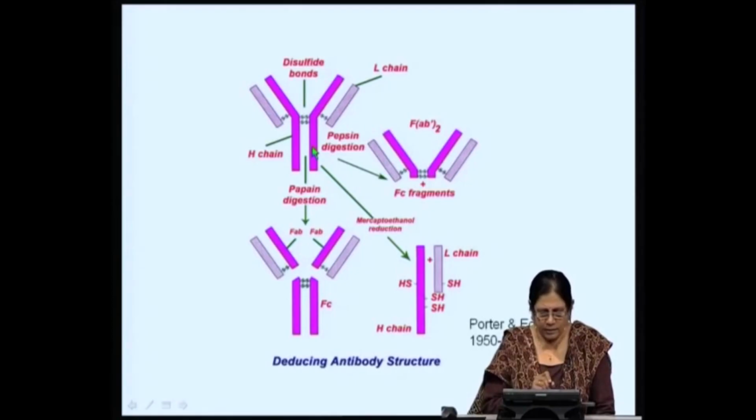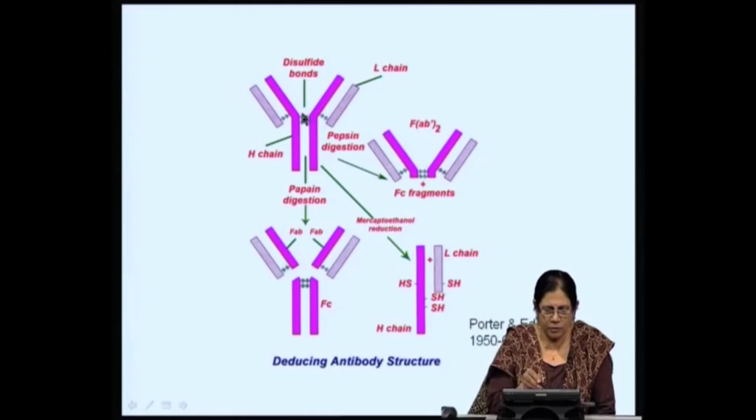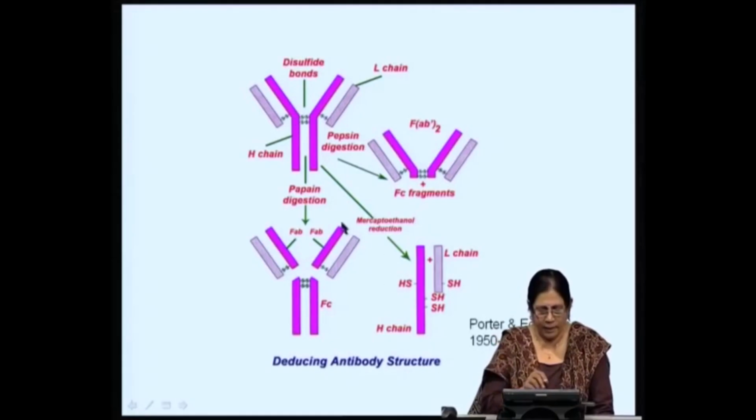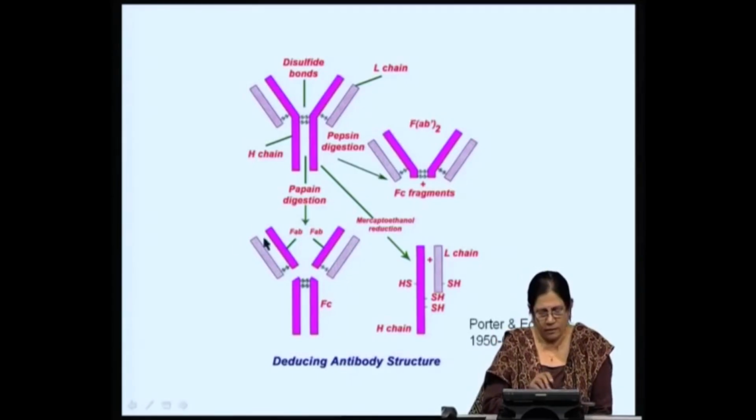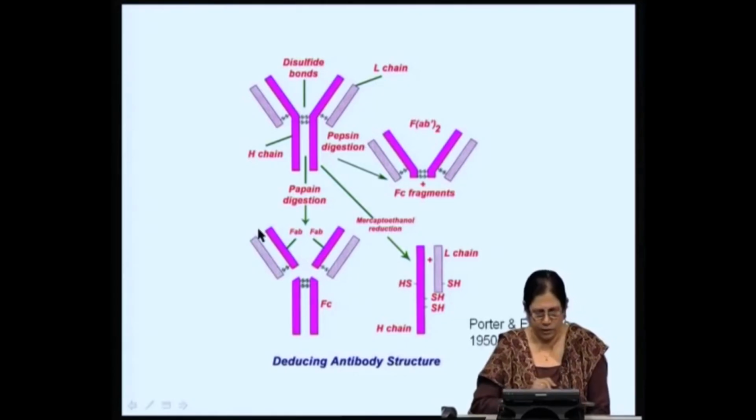Papain, on the other hand, cleaves the molecule at a site which is above the disulfide bonds. Therefore, the pattern of the fragments that they obtained was quite distinct. Pepsin digestion gave a fragment which could bind two molecules of antigen, whereas papain digestion gave a fragment which could bind only one antigen molecule; it was monovalent.